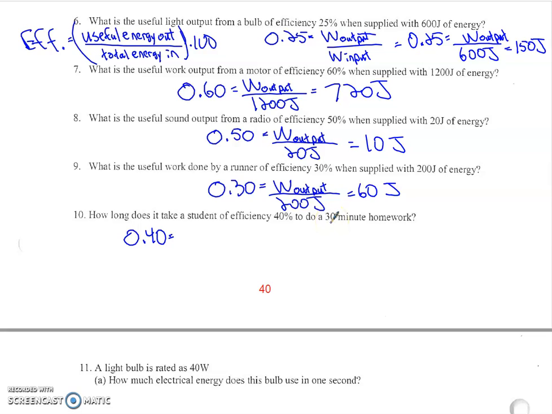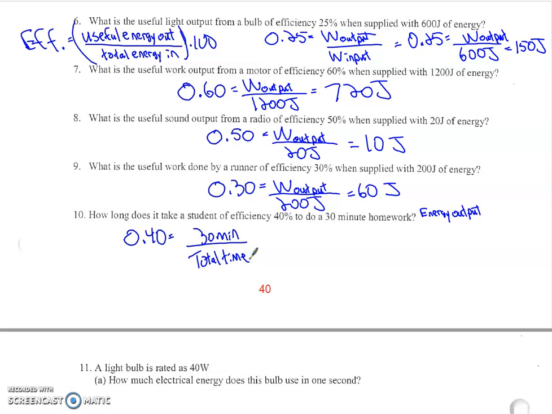So that is going to be the output. That's how long it should have taken. But what it's asking us to figure out is the total time. So that 30 minutes is going to go on top, and the total time is what we're going to put on the bottom.